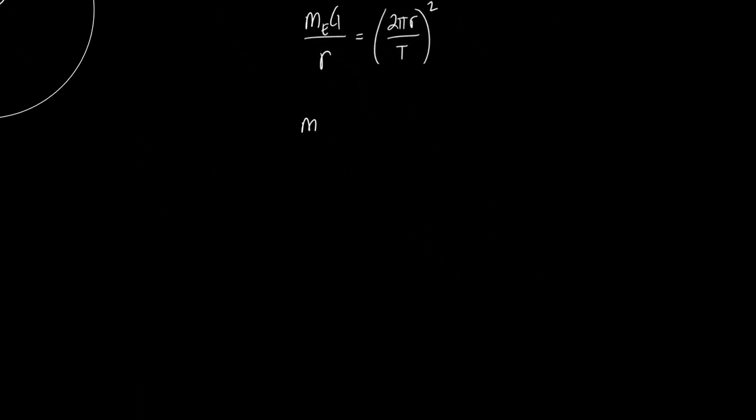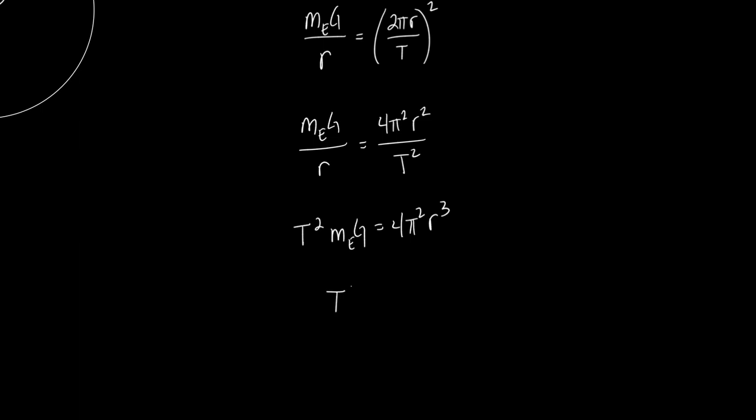So I'll be careful and do them in many steps. Step number 1. Now cross multiply. Cross multiplied. And now solve for T.